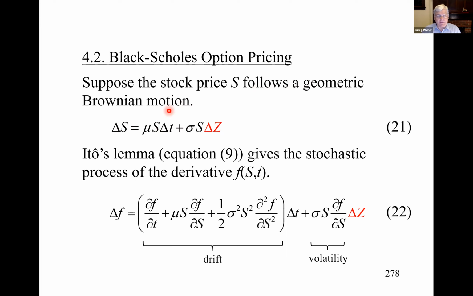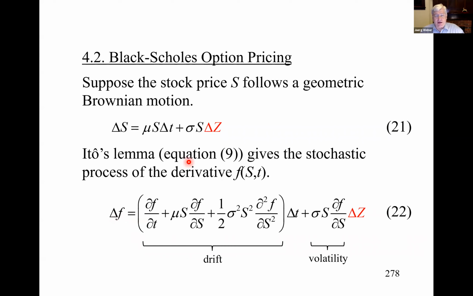Now the Ito lemma then tells you what is the stochastic process of some derivative. The derivative could be an option, or the derivative could be a forward contract. I use now here the letter small f for the derivative, no longer the g, and also not the x.